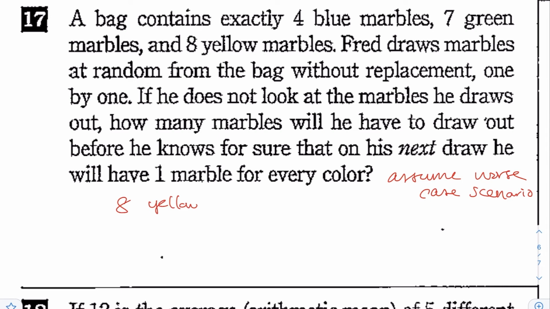So even after 8 marbles taken out, he can have all yellow. Then he can have the 7 green marbles. So here you can draw 15 marbles and you still have only 2 colors. So you still didn't win this game.